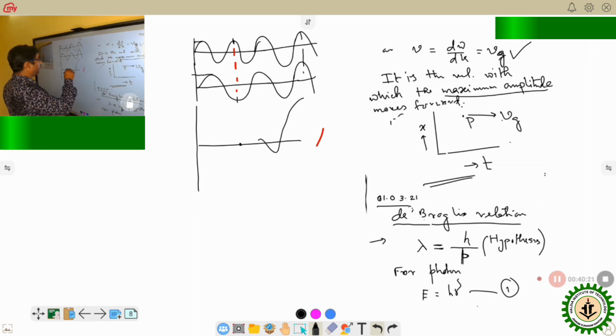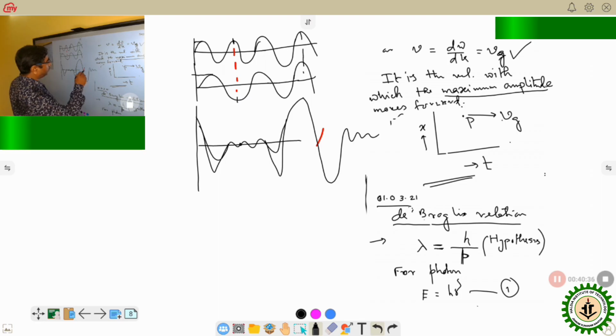So if you move gradually, you can obtain a superposed wave spread over a space, but the separation between consecutive peaks is getting larger.